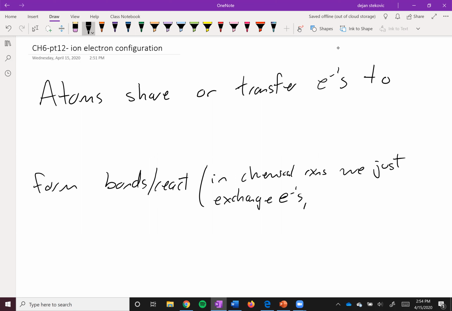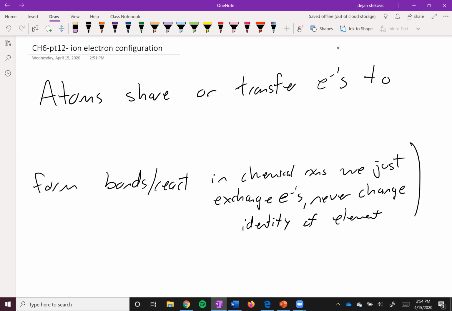We never mess with the protons, and so we never change the identity of the element. So chemistry really all comes down to playing with these electrons.